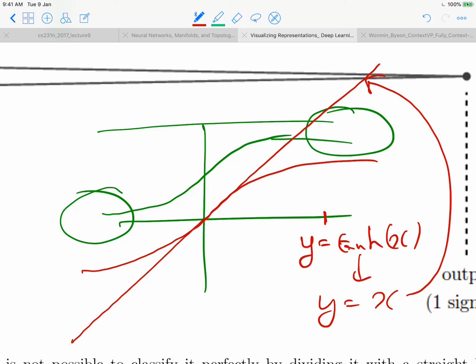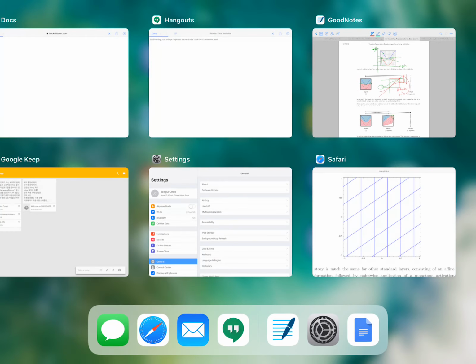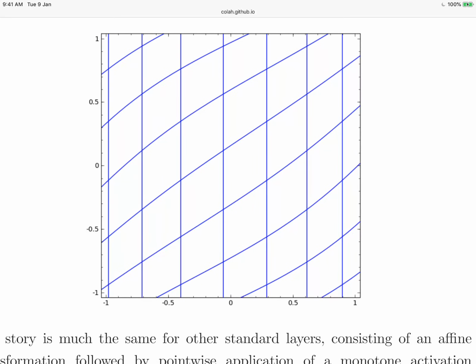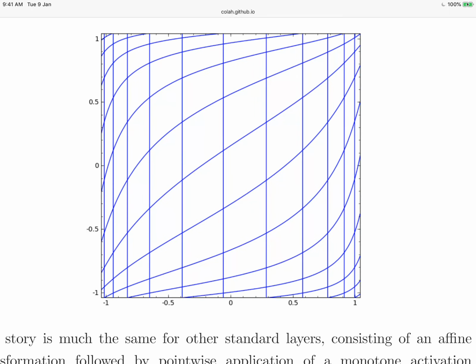Given this input, the output should be here in case of no transformation or no distortion, but this value is actually squashed into a much smaller value, and the degree of the squashing gets larger and larger as we get farther and farther from the origin, right? So that region is squashed much more, and that is the effect that we see at the extreme regions at that corner. Okay.